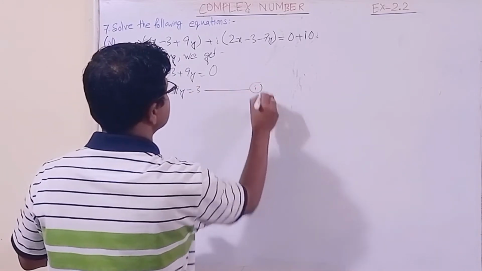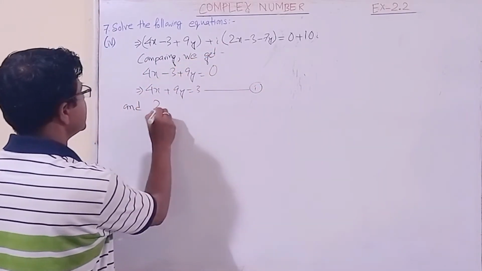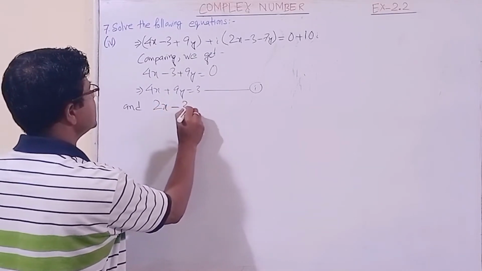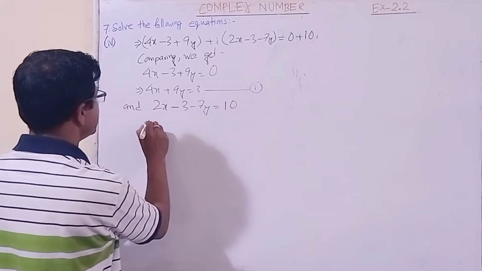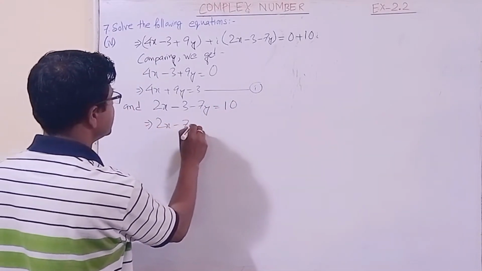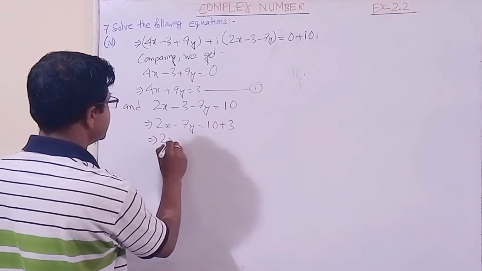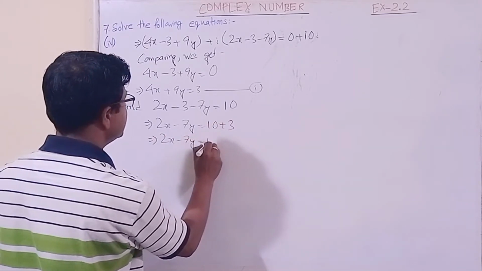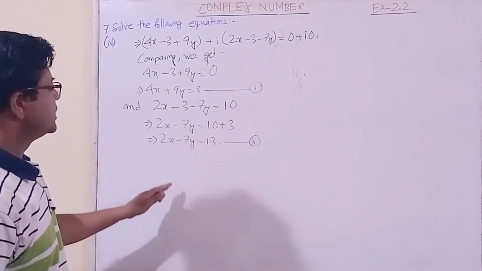This is equation 1. And the imaginary part is twice x minus 3 minus 7y, equal to 10. We simplify a little: twice x minus 7y equals 10 plus 3, which will be 13. This is equation 2.